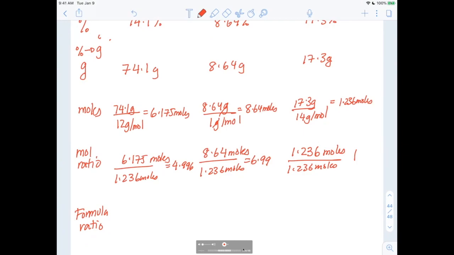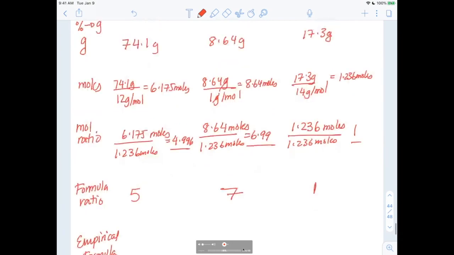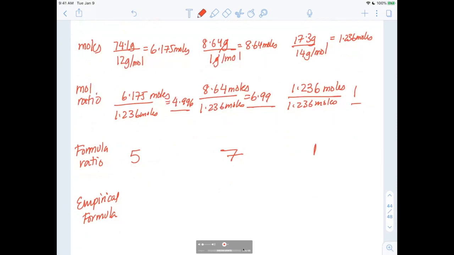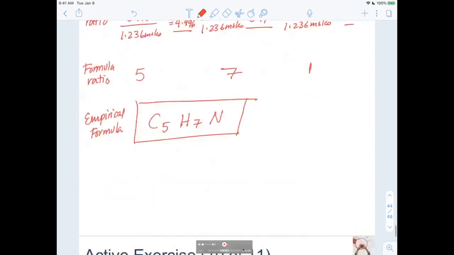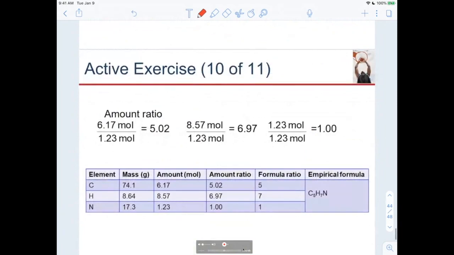Okay, so my ratio, when I make these whole numbers, is 5, 7, 1. So the empirical formula will be C sub 5, H sub 7, N sub 1. This is my empirical formula. I haven't run into one of those special scenarios.